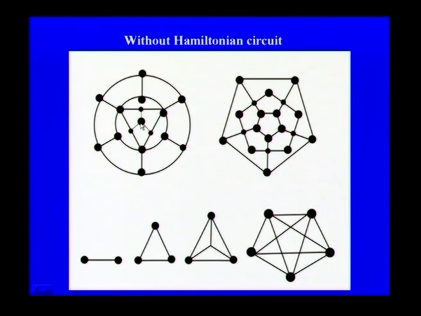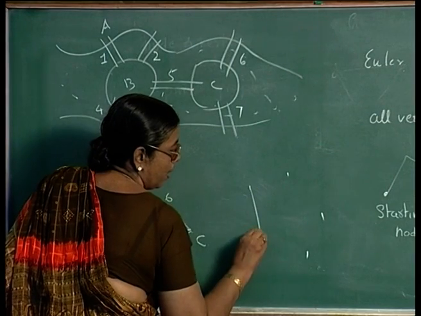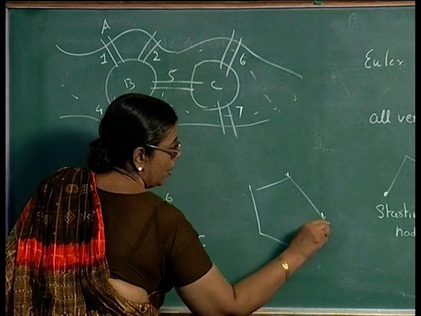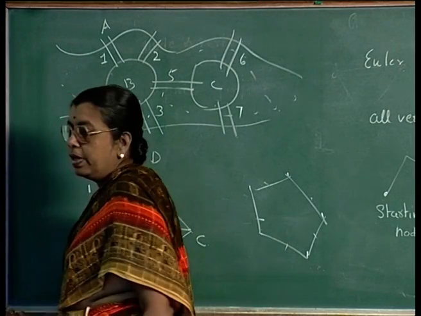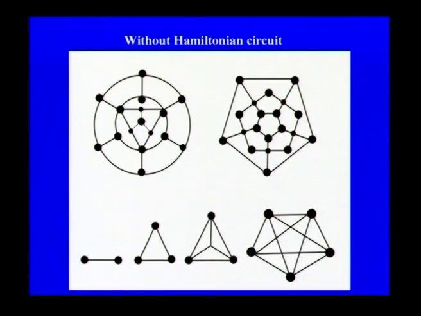Because if you have a circuit with, say, 5 nodes, you will have 5 edges. So, a Hamiltonian circuit has to pass through all the vertices of the graph. There are 16 vertices. So, the Hamiltonian circuit, if it exists, should be of size 16. Let us see how many edges are there in this graph.